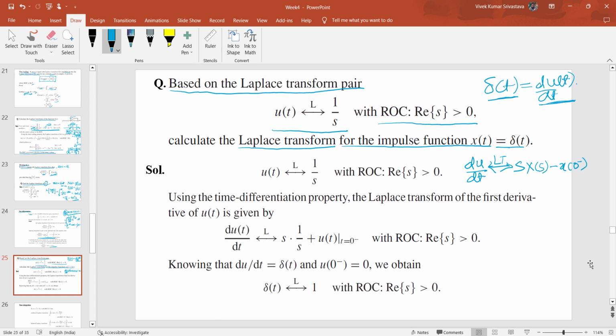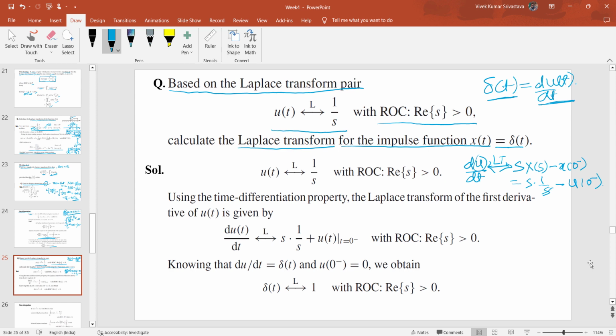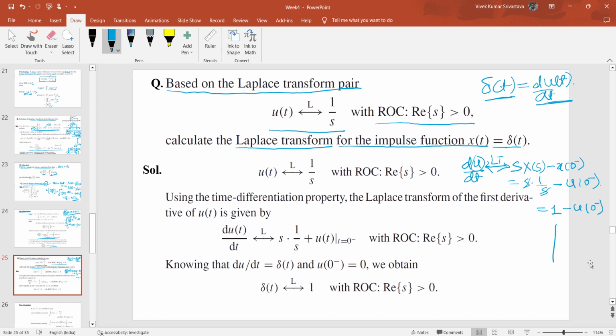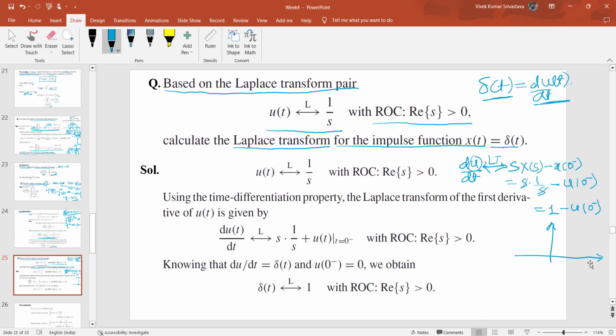Okay, so corresponding to u(t), X(s) is equal to 1 over s, minus u(0 minus). So this will be equal to 1 minus u(0 minus). Okay, so as we know that u(t) is defined as 0 for t less than 0, and 1 for t greater than 0.